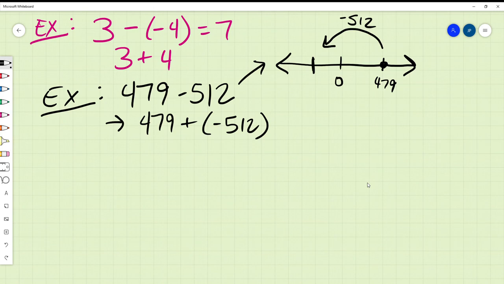We want to subtract 512 minus 479, and then we'll know at the end of our problem that because the 512 was larger, we're going to end up with a negative number. So let's do that. Let's say 512 minus 479. And we'll set it up just like a subtraction problem, right? Because we want the difference here.